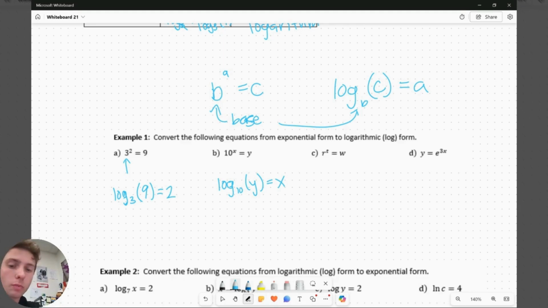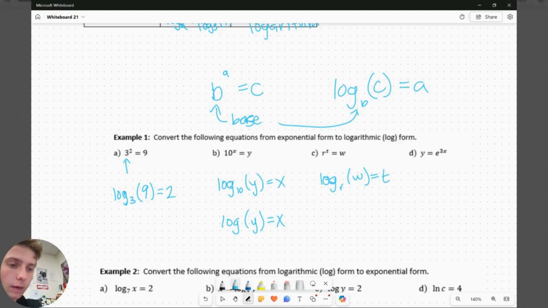It's just assumed it is there. So one way we could change this is log of y equals x. And now we have our answer. Same idea with the other ones. Log base r of w equals t.